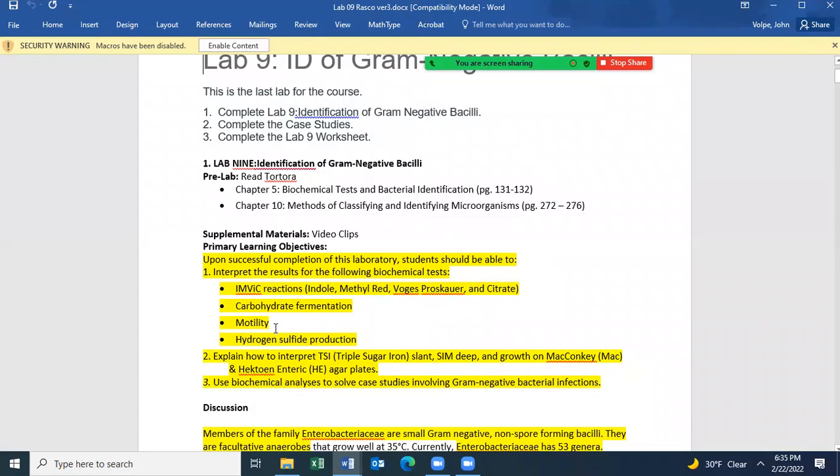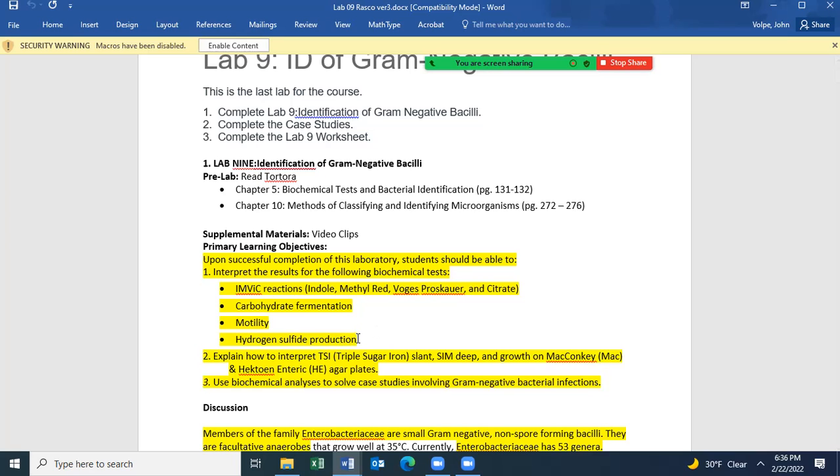Now, along the way, we're going to discuss hydrogen sulfide production, and there's 3 different ways you can assay for hydrogen sulfide production, but you should have an understanding of the results because all of them look dark if it's positive for hydrogen sulfide production.